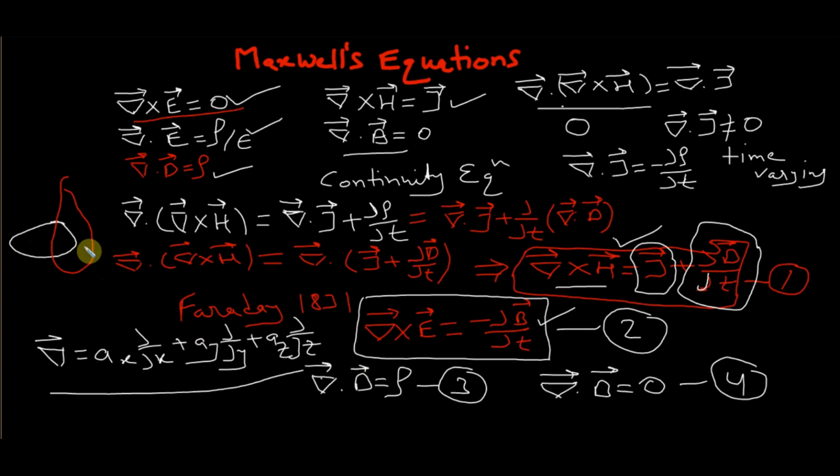The rate of change of the electric field is producing the magnetic field, and the rate of change of this magnetic field is producing the electric field again, and so on, it continues. So these electromagnetic waves will be generated if you have a time varying electric field that will generate the magnetic field, or vice versa.